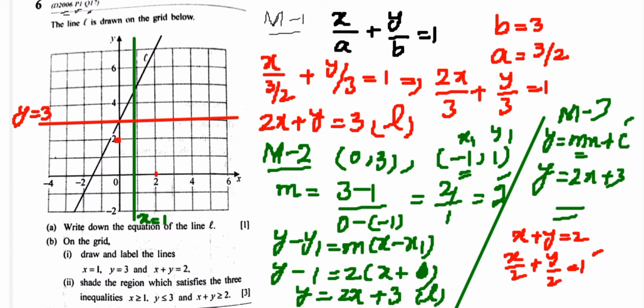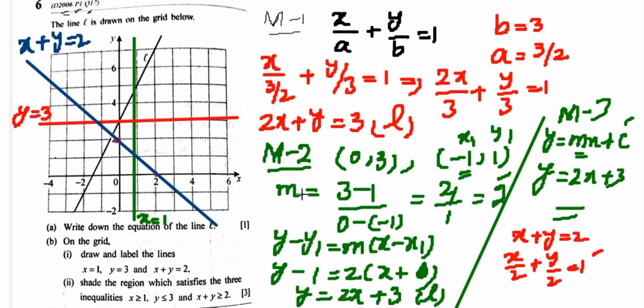By joining these 2 points, you can draw the graph of this line like this, extending this line more. So this represents the graph of line x plus y equal to 2.